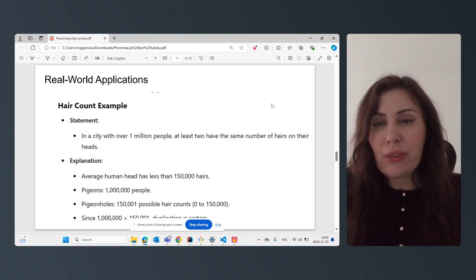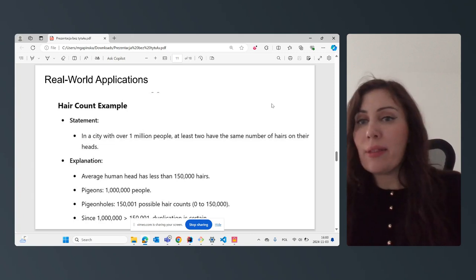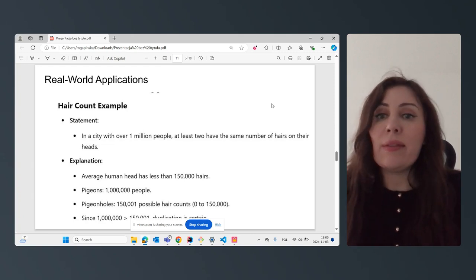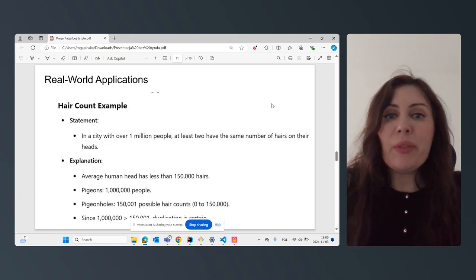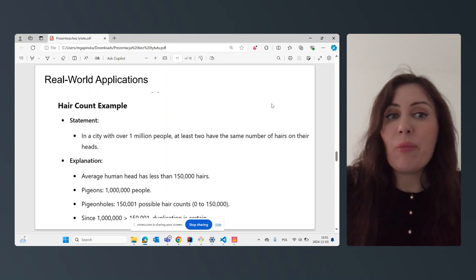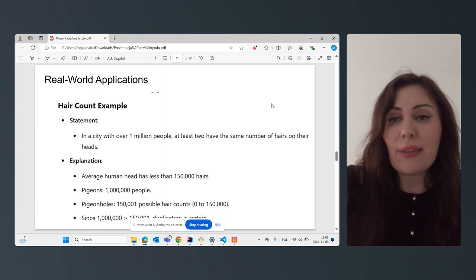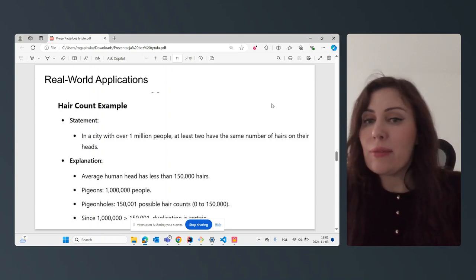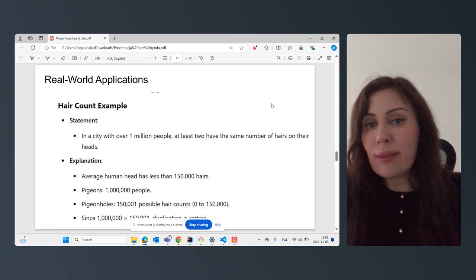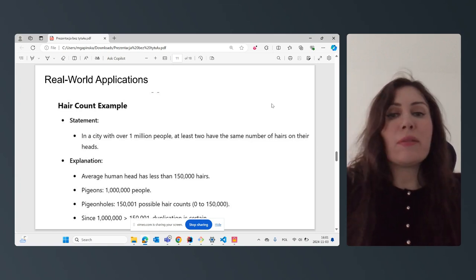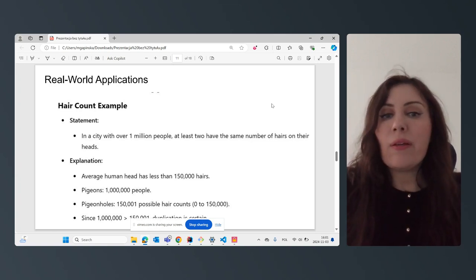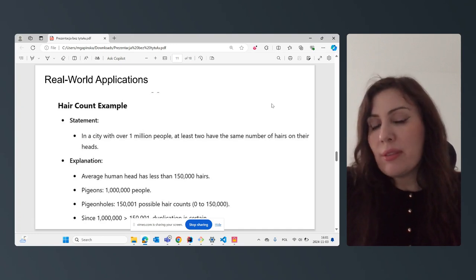Real-world applications, for example, the haircut example, and the statement: in a city with over 1 million people, at least 2 have the same number of hairs on their heads. How does it work? Explanation. The average human head has less than 150,000 hairs. Pigeons, 1 million people.